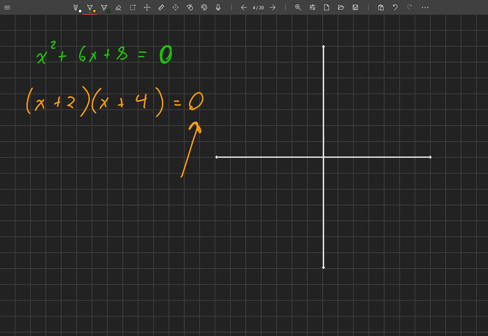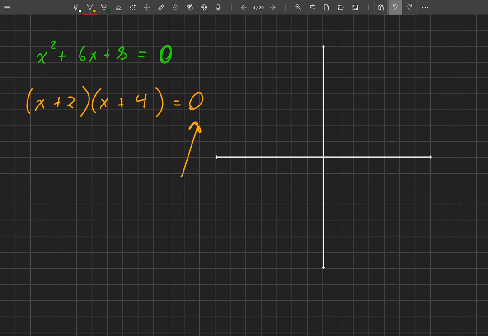Well, what that means is this piece has to be 0 or this piece has to be 0, right? If this thing here was 0, then 0 times this thing is going to be 0. By the same token, if this thing was 0, 0 times this thing, whatever it is, would be 0. So the point is, I want either this to be 0 or this to be 0.